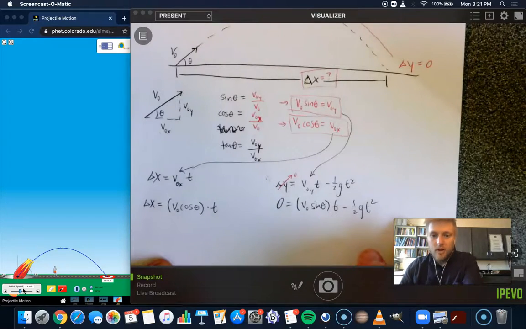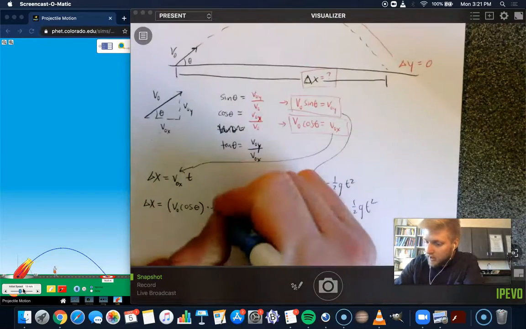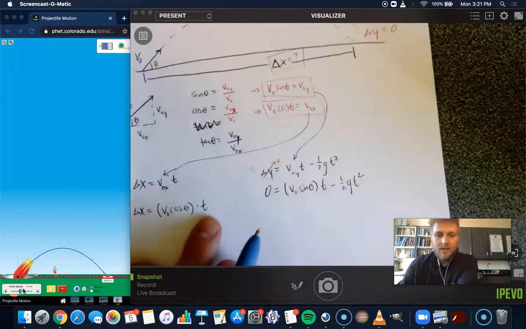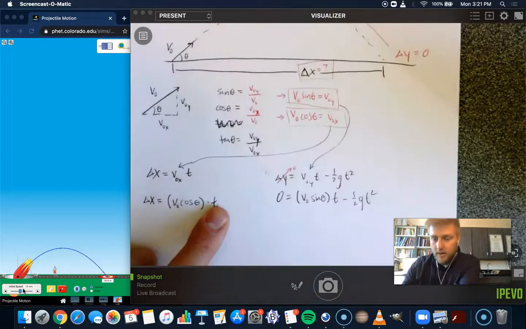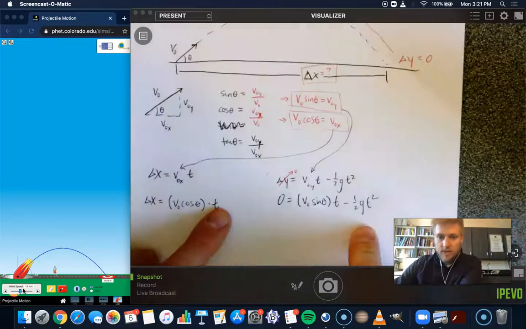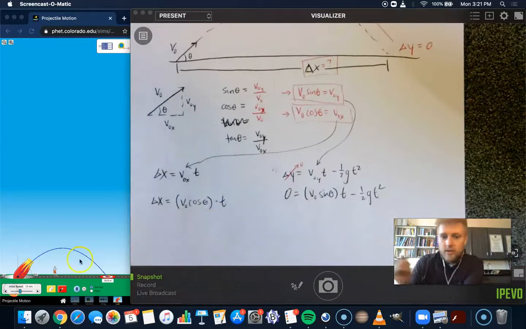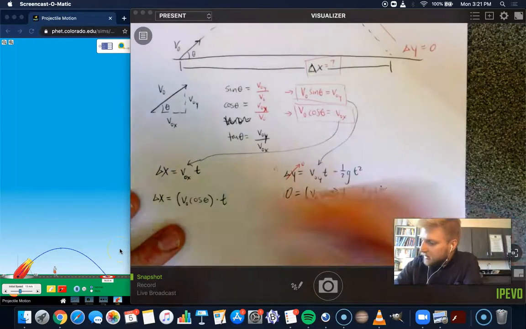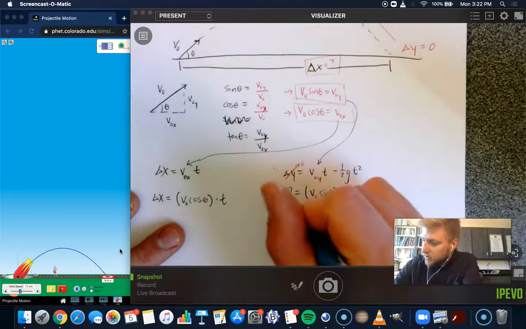And then I'm going to try to solve this for t, because remember, all we need to solve for the x displacement, these are easy to measure. I need to know the time. We're going to get it from over here. So in order to do that, take a second, see if you can solve this for t. All right, so what you need to do is get the t's on opposite sides so that we can solve. So let's add 1/2 gt squared to both sides.